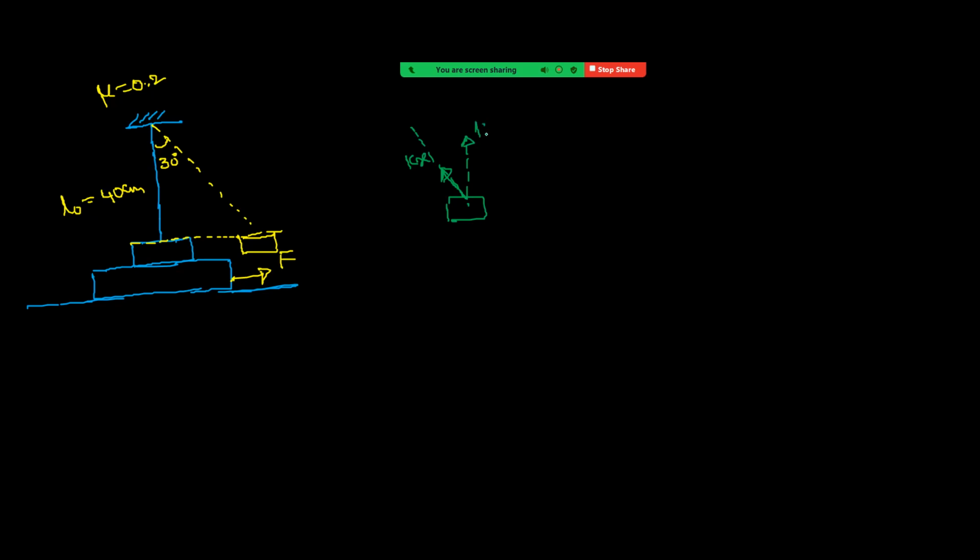This is Kx, this is now 30. So Kx cos 30, and this is Kx sin 30. And mg vertically downwards. Frictional force. It moves because of frictional force, and that is now started because no slip.